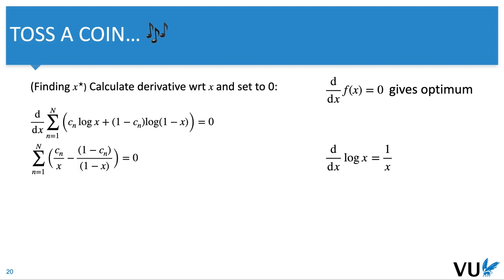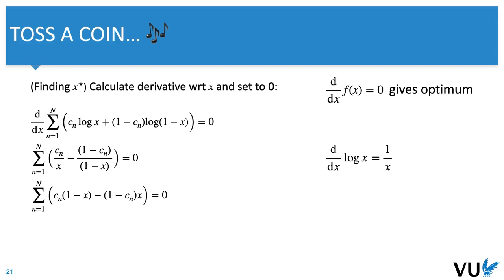What can we do? As I said before, the derivative of a sum is the sum of derivatives. We can generalize it to gradients. So now we calculate the derivative, and we take advantage of the property that the derivative of log of x is 1 over x. This is true for non-negative x's, and this is the case because x is between 0 and 1. So we have the sum of cn divided by x minus 1 minus cn divided by 1 minus x.